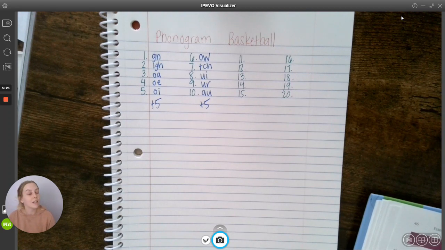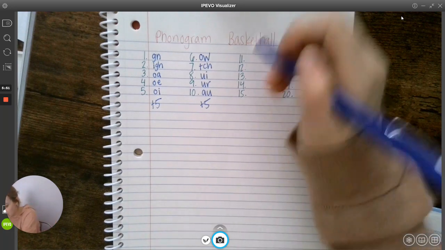Number 14, are. And number 15, aw, two-letter, aw, that may be used at the end of English words. And checking our answers.